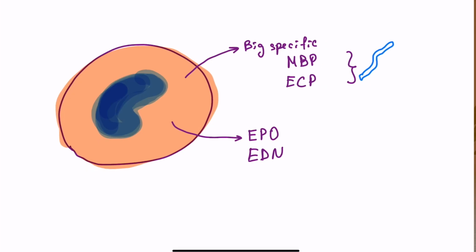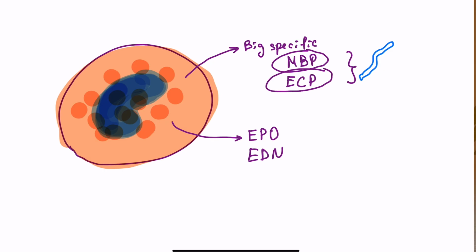As all granulocytes, they also have granules, specific granules. First class is eosinophilic granules. They are big specific ones that contain, for example, major basic protein MBP and eosinophilic cationic protein ECP. These two proteins act against helminths.